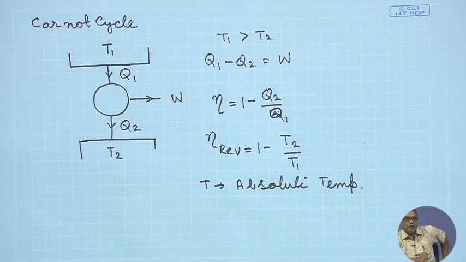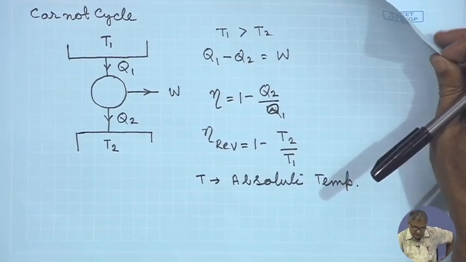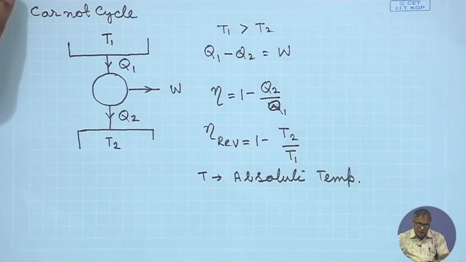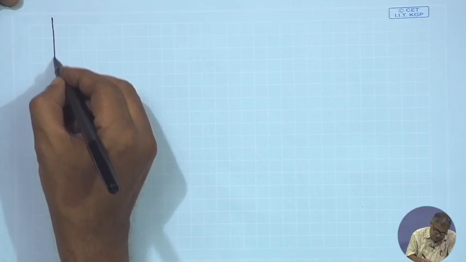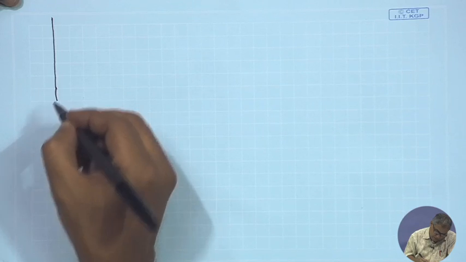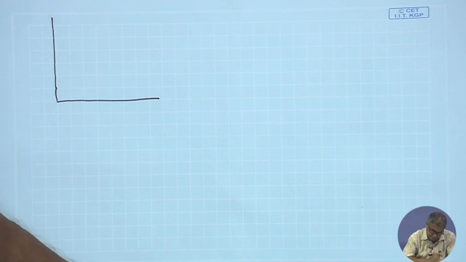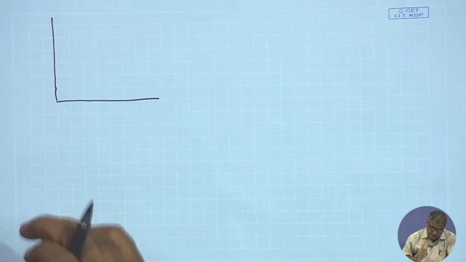Okay. So, with this background, of course we have done this earlier, let us try to think what could be the ideal cycle or Carnot cycle. Let us say we have got some sort of thermodynamic plane.